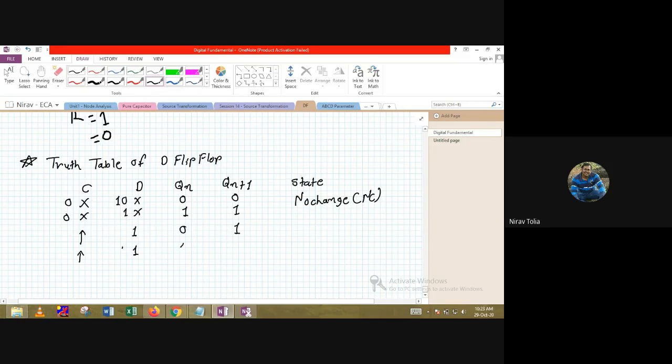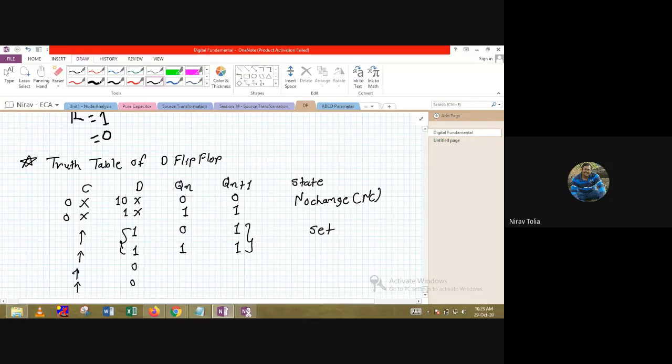And suppose if my Qn is 1, then my Qn plus 1 is also 1. So when my D input is 1, my output is always 1, and this state is known as the set state.